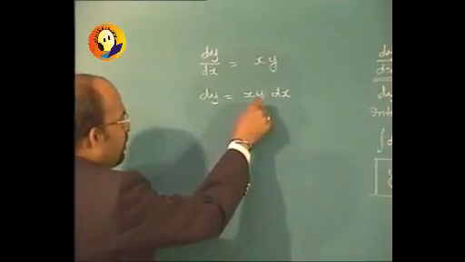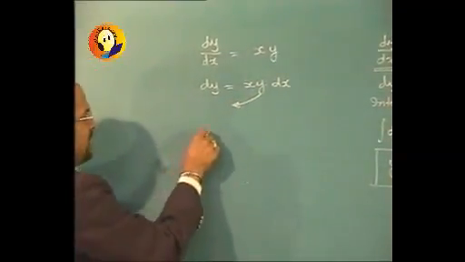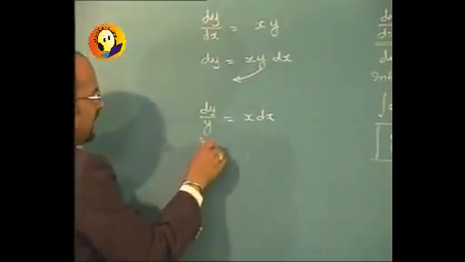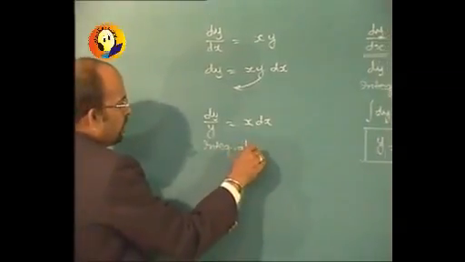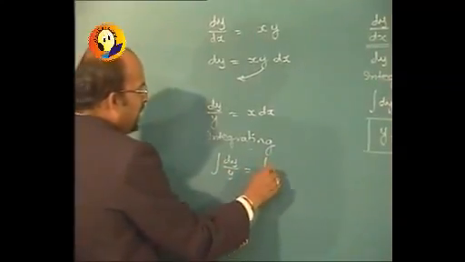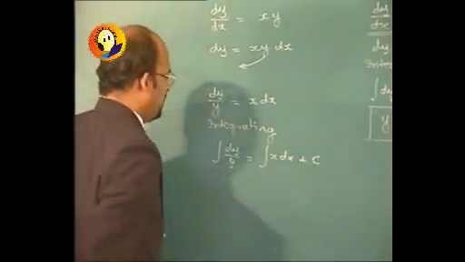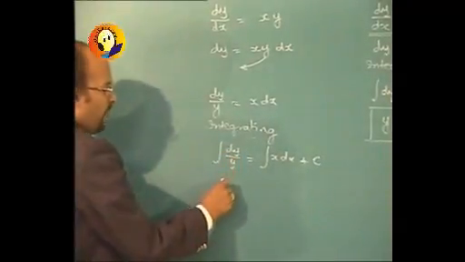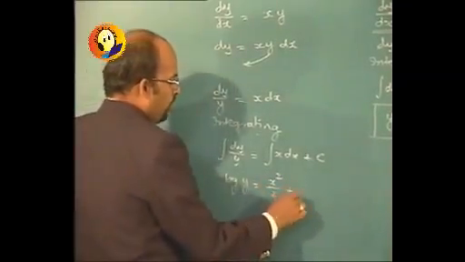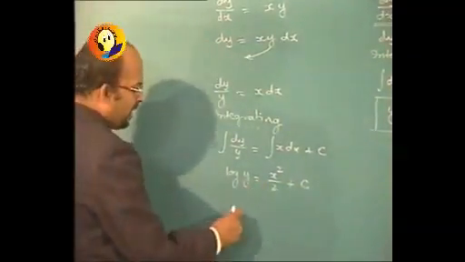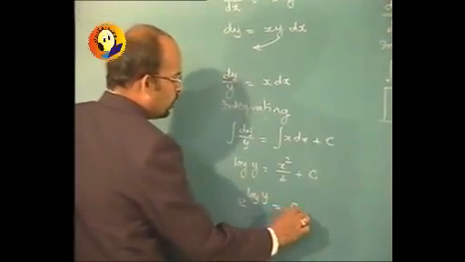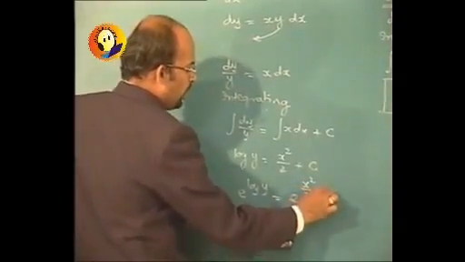Whereas if we could separate out the variables and write it as dy/y equal to x dx and then proceed with the integration, we will get integral dy/y equal to integral x dx plus the constant of integration, and dy/y will be integrated as log y equal to x²/2 plus constant, or if we raise both sides to power e, it will be e raised to log y, which is equal to e raised to x²/2 plus constant.